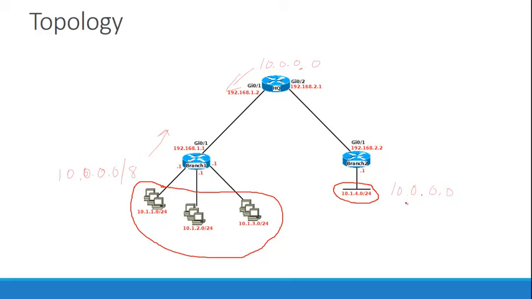This guy here on this side now is also advertising out the 10.0.0.0 network. So now HQ also says, well, if I want to get to anything in the 10.0.0.0 network, it's got to be that way. I hope you can visualize the confusion that's going to happen here.